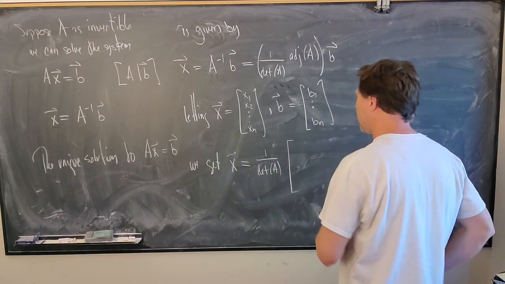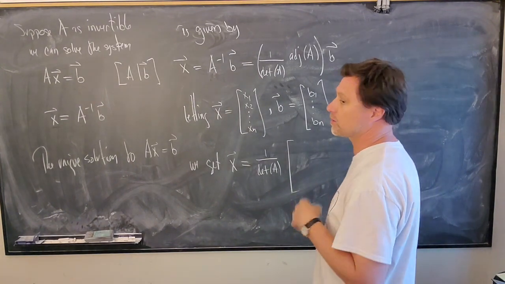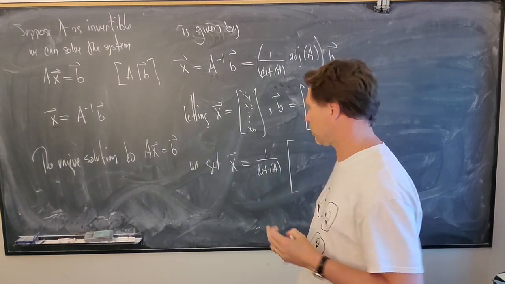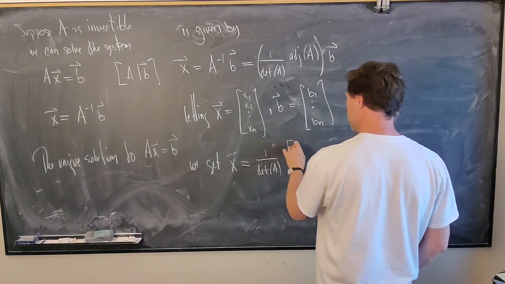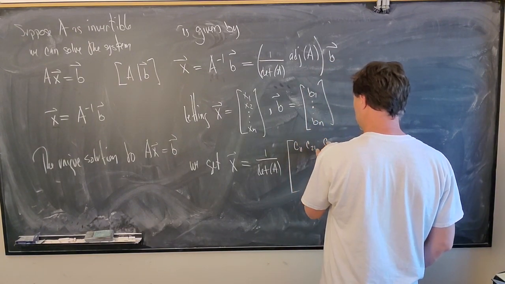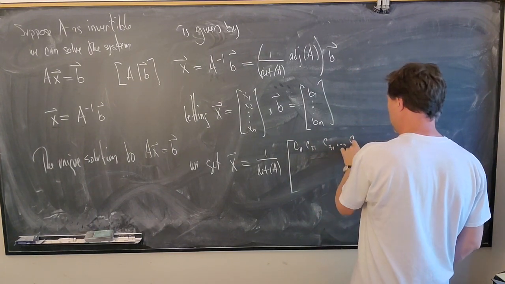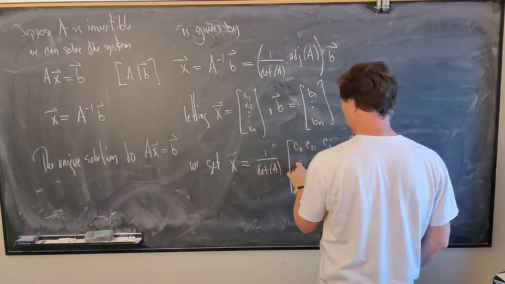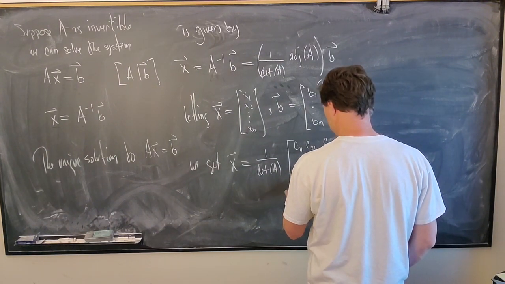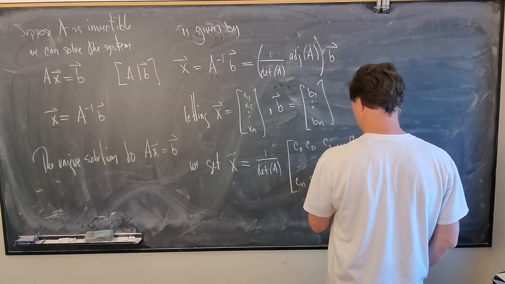The adjoint is going to be the matrix of cofactors, or actually it's the transpose of the matrix of cofactors. So this would go like this: C11, C21, C31, dot, dot, dot, Cn1, and so on, through C1n, C2n, dot, dot, dot, Cnn.